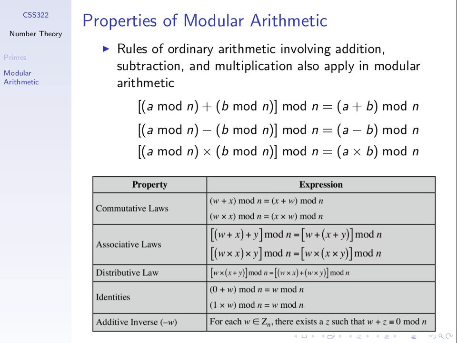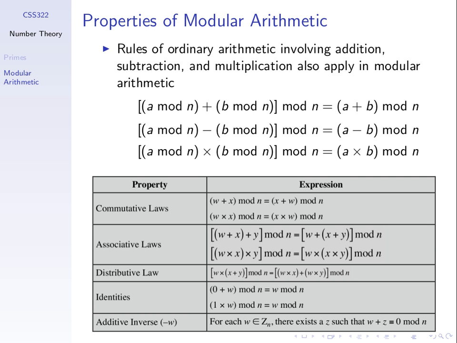In terms of computers, that can speed up the computation time. Computers will use those rules to simplify calculations when you use very large numbers, which may be hundreds of bits in length. With 100 bits, for example, you have 2 to the power of 100 possible values, so much larger numbers than your calculator will handle.